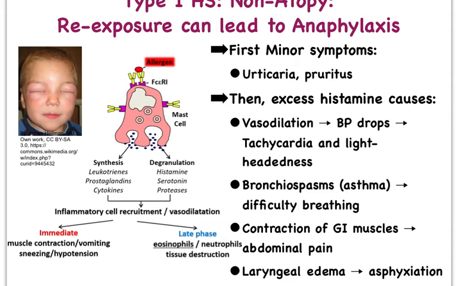All of that histamine and all of these other chemical mediators that are being released are going to cause the branches of your trachea, your bronchi and bronchioles, to start contracting. We call that bronchospasm, so that it becomes very difficult to exhale, which is the problem with asthma. We'll also see, in addition to those muscles contracting, contractions in the digestive tract, and so people might have pain in their abdomen.